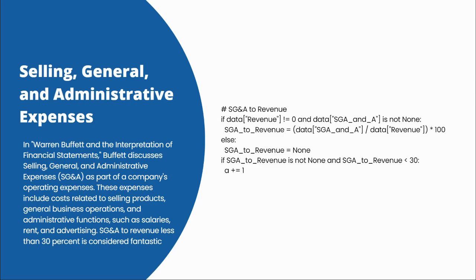It's related to selling products, general business operation, rent, advertising, and he stated that SG&A to revenue should be less than 30% to be considered fantastic. So as you can see here, we use SG&A value divided by revenue times 100. This is the condition we are using as code.